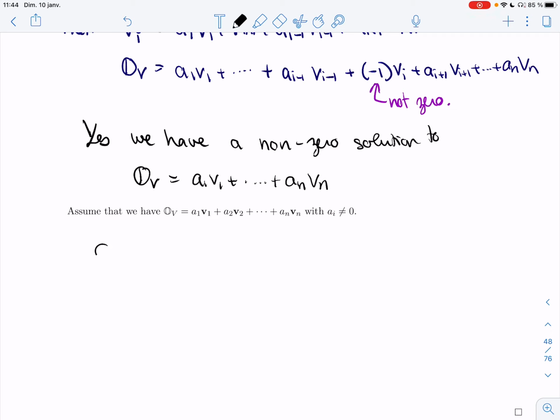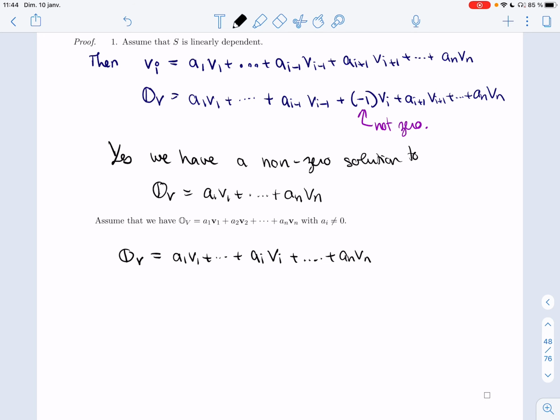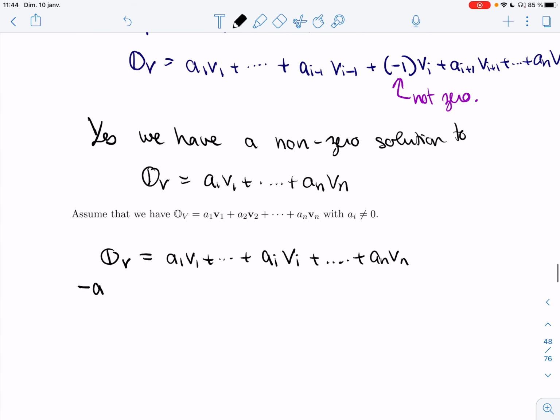So I have 0V equals a1 v1, and then I have my special one here. This one isn't zero, so I'm going to send it to the other side. I'll get minus ai vi, and then here on this side, I will no longer have any vi's. So I'm skipping vi.